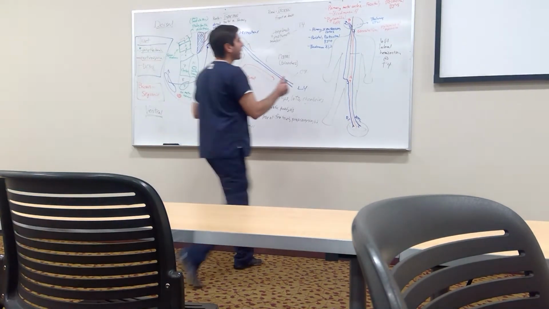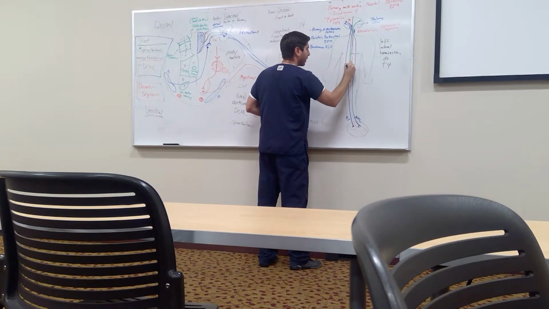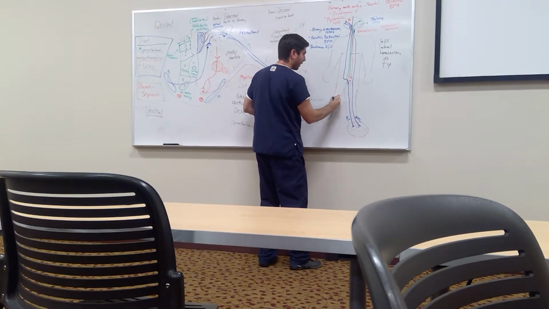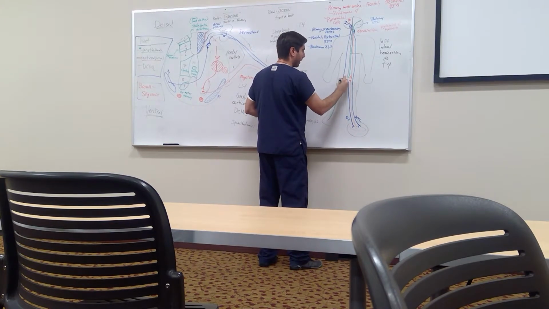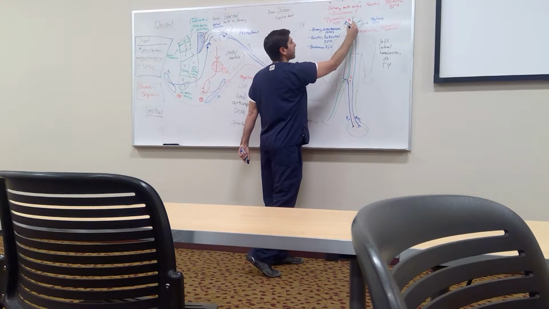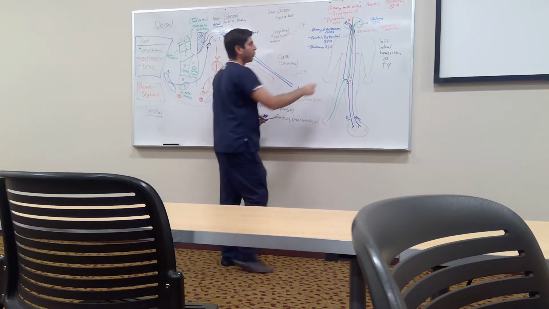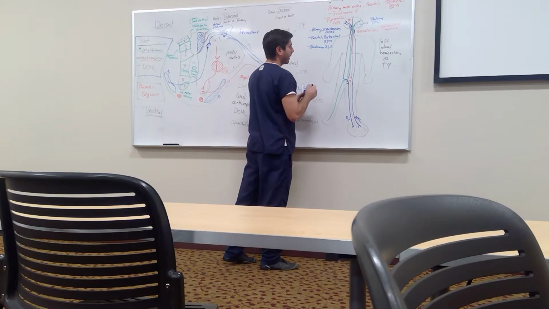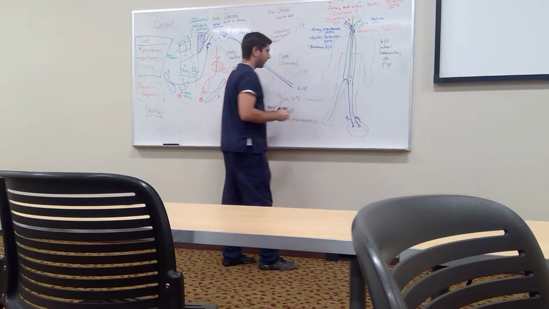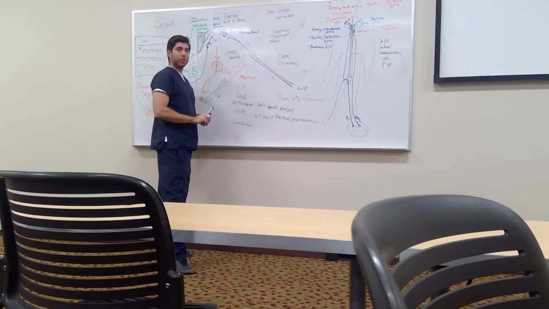So the spinothalamic tract that's coming from here will go down, and then actually I should draw them up. It will synapse here, and then cross over and go up. And synapse there. And so if we cut this, we're going to get a loss of right pain, temperature, crude touch.